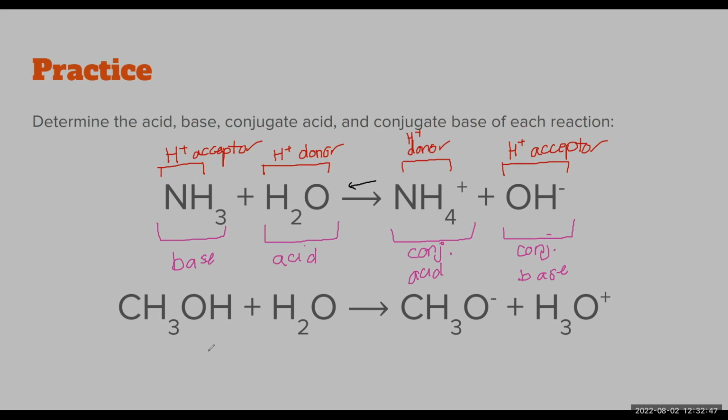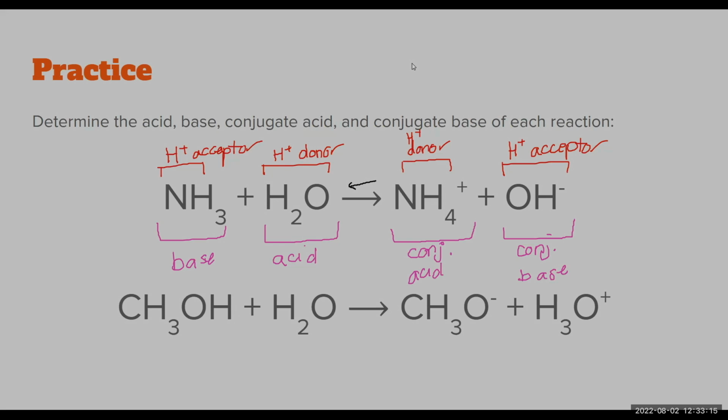This next example is more or less the same difficulty, I would say. We have CH3OH. You'll learn that this is known as methanol. So methanol will react with water to produce CH3O-, which is the methoxide ion, and H3O+, which is the hydronium ion.